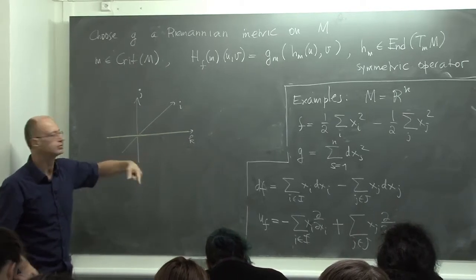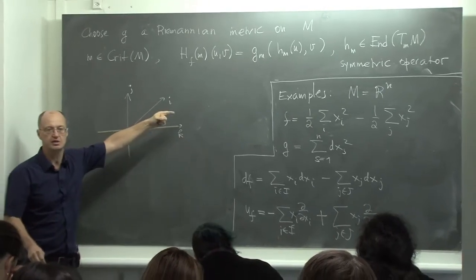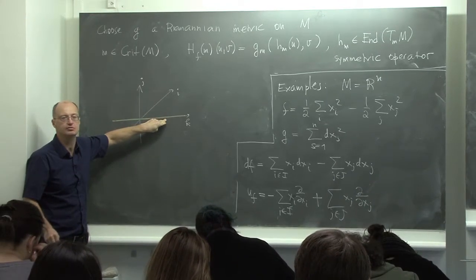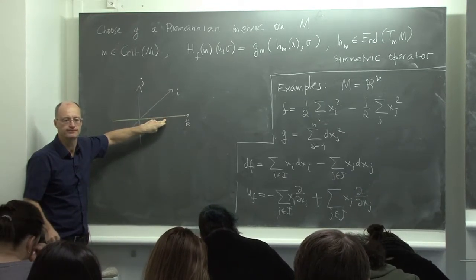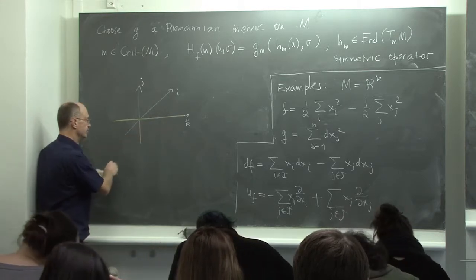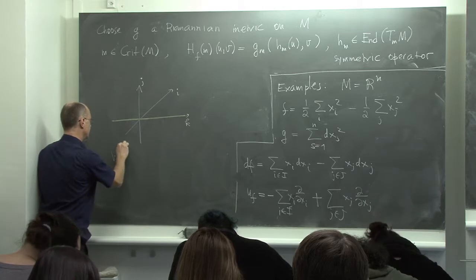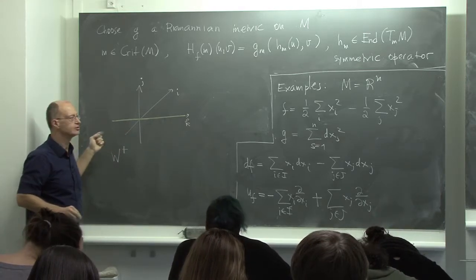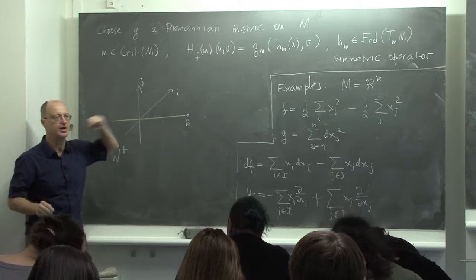We need to see from where the gradient trajectory would fall on this line. So what is, in this case, our W plus? We run the gradient flow.